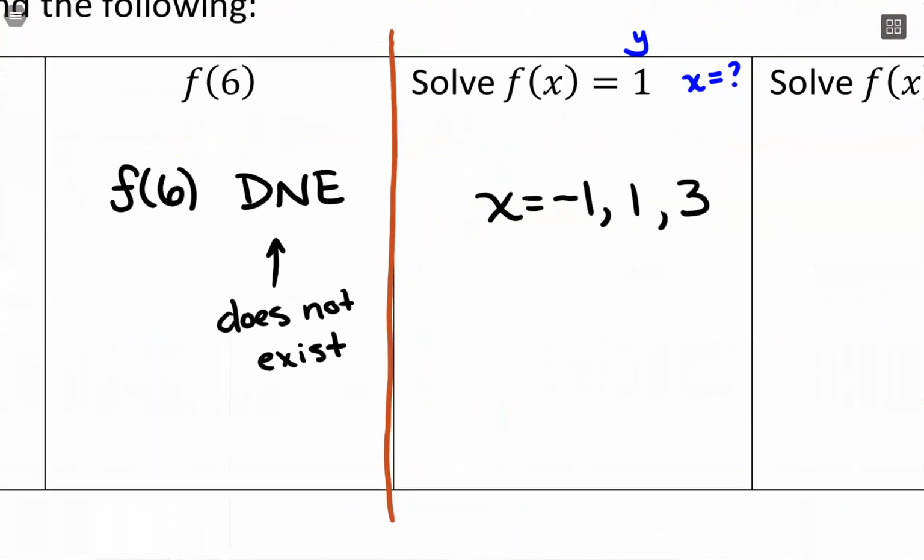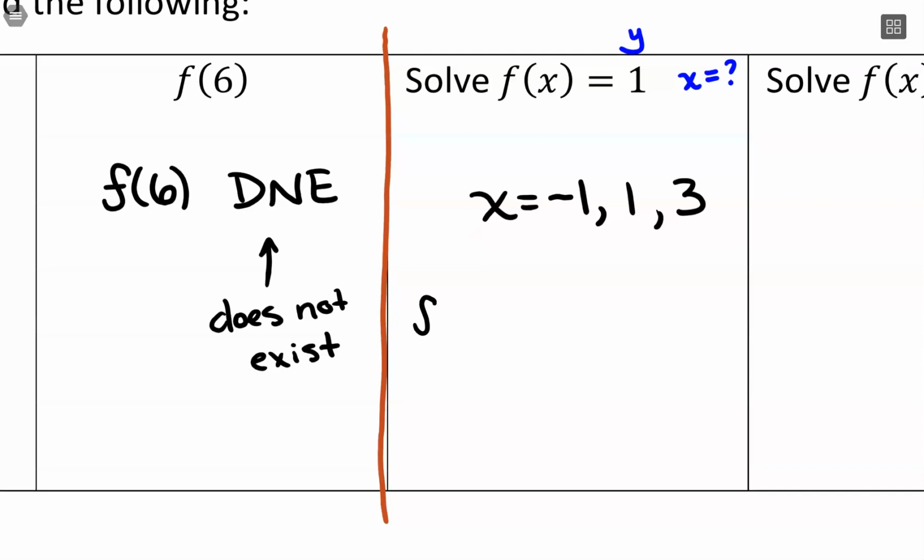If I wrote this out in function notation, it would be f of -1 is equal to positive 1, f of positive 1 is positive 1, and f of positive 3 is also positive 1. Again, just to emphasize, we can have these different x values mapping to the same output. That's totally fine because we're not repeating x.